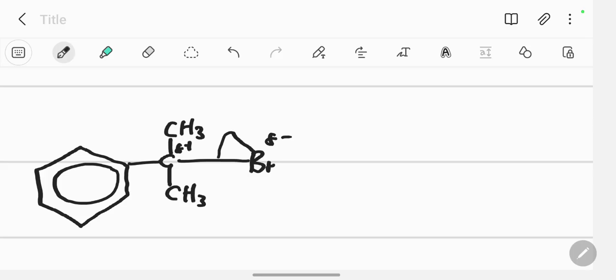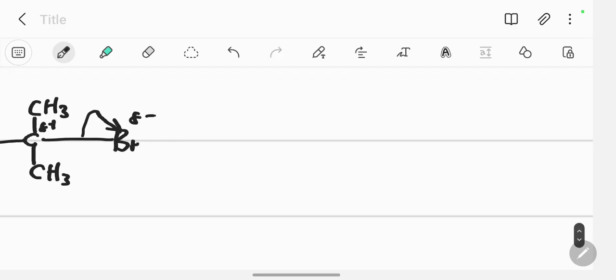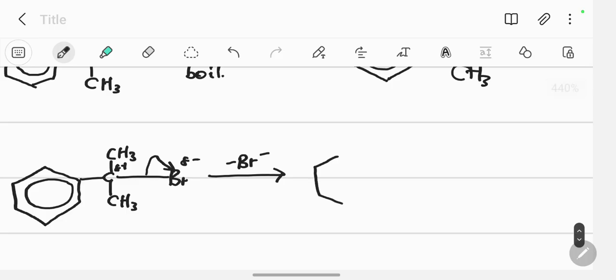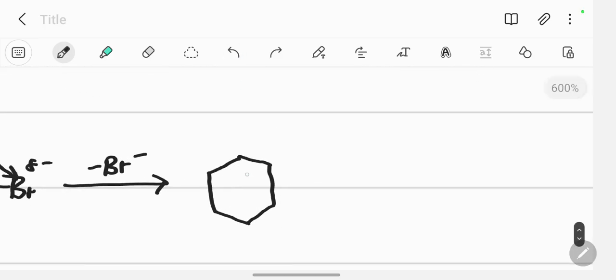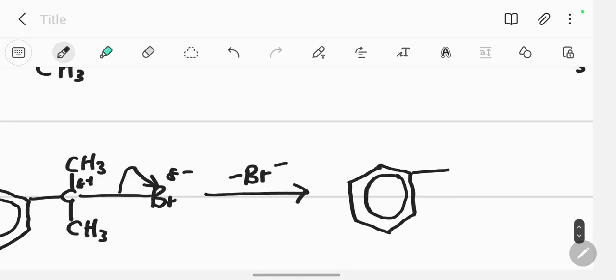So first bromine breaks off and we end up with loss of the bromide ion, and we remain with our aromatic ring and CH3 plus.